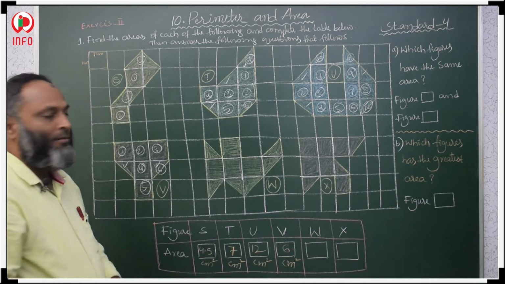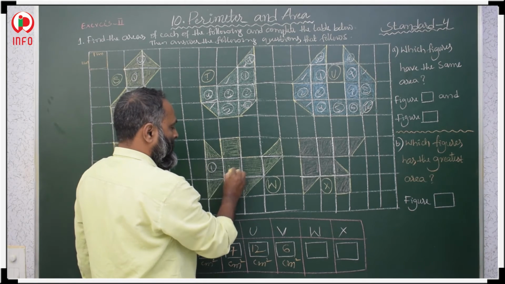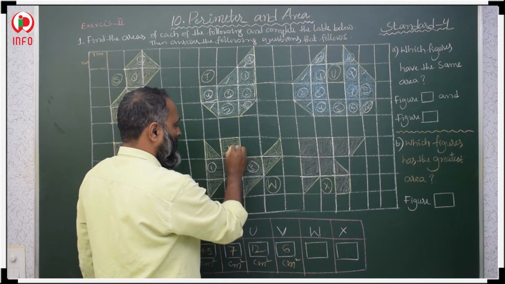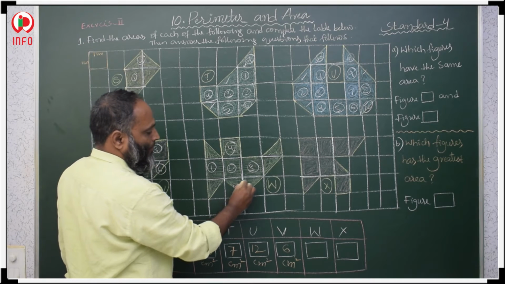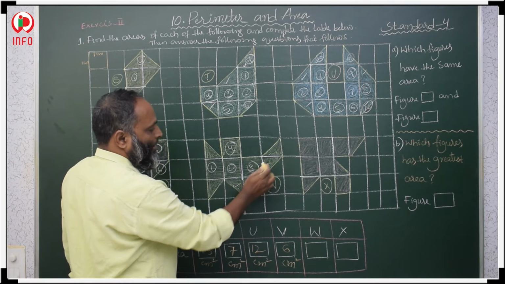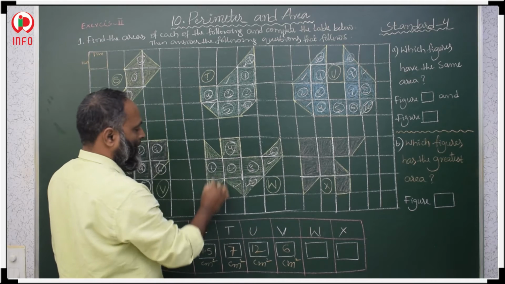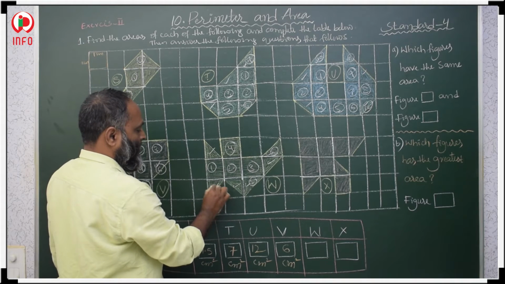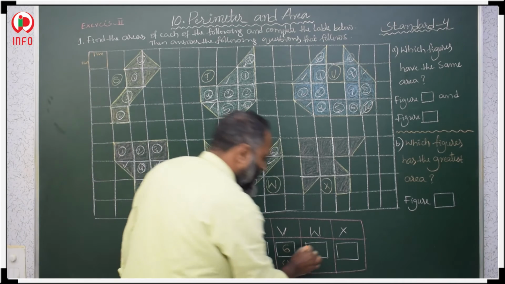Next, W. So full squares 1, 2, 3, 4. Here half and half, fifth square, half and half, sixth square, half and half, seventh square. It is 7 centimeter square.